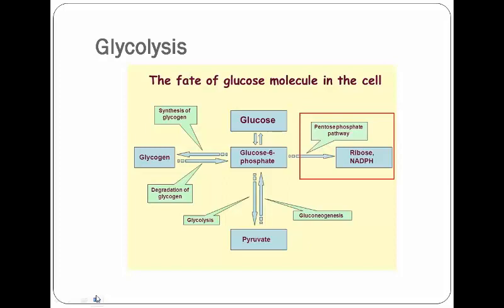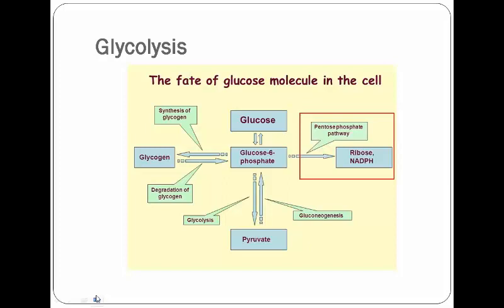Glucose 6-phosphate can also form glycogen, the stored form, by glycogenesis, and glycogen can break down to form glucose 6-phosphate by degradation of glycogen.